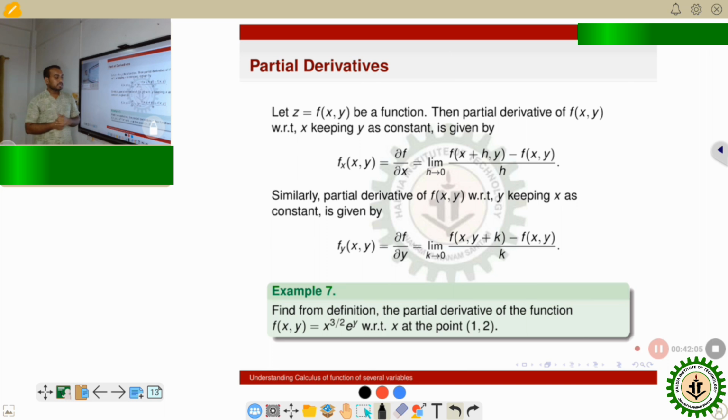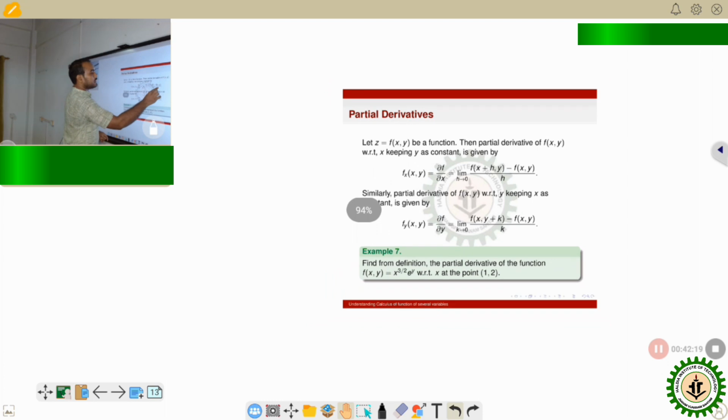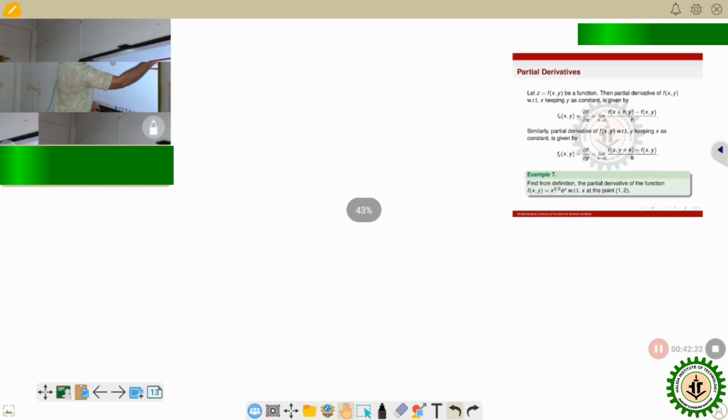Now, suppose we take an example: calculate the partial derivative of the two-variable function f of x, y equal to x to the power 3 by 2 times e to the power y. Suppose we are trying to calculate this partial derivative of this function at the point 1, 2.